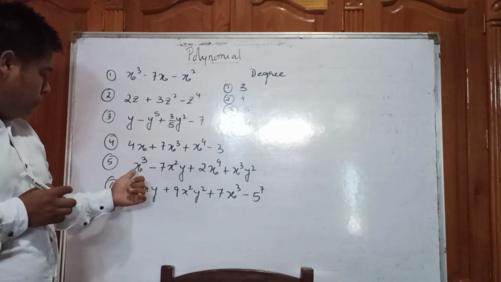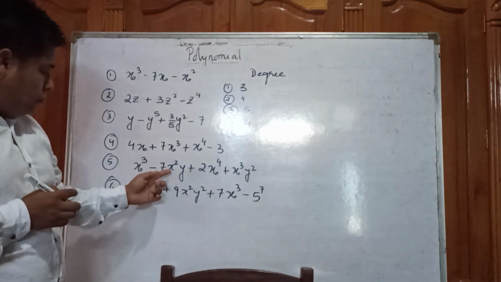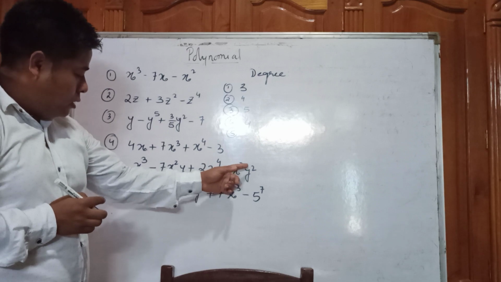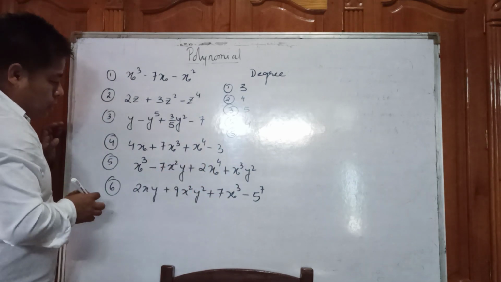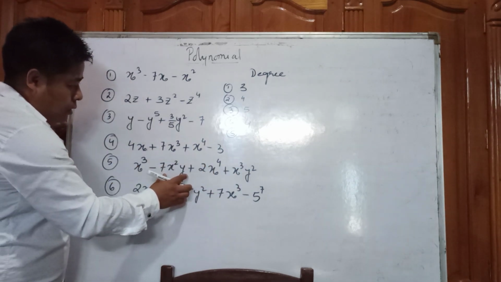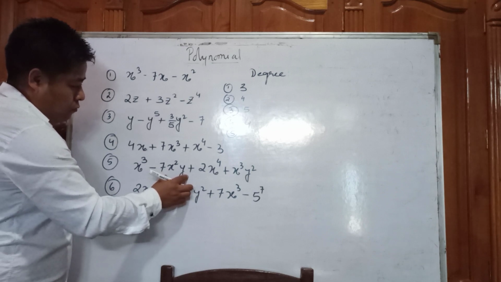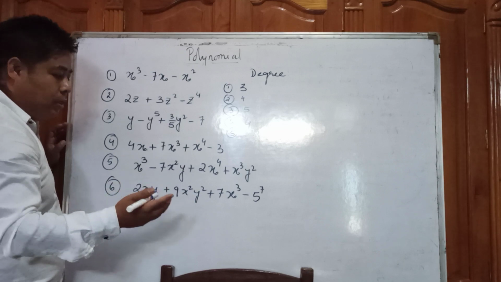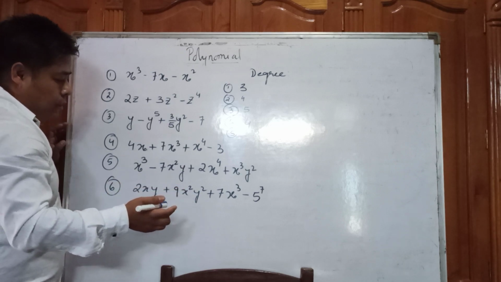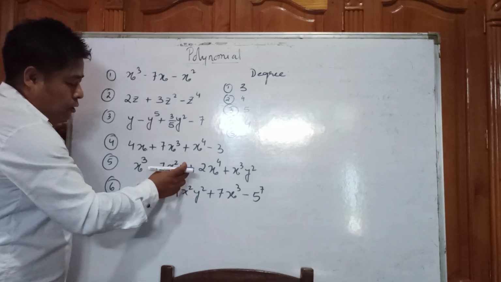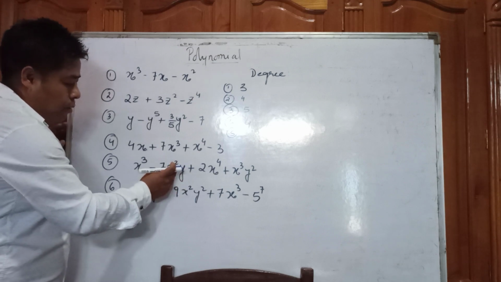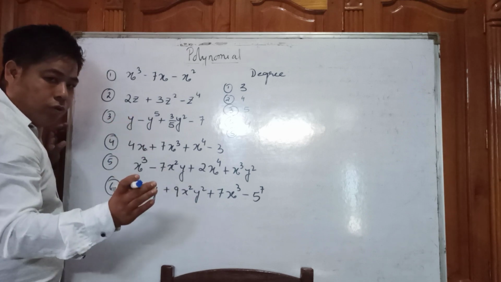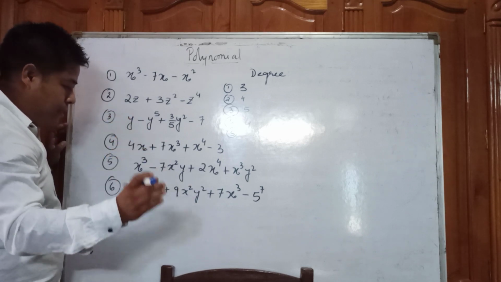Here the power of the variable is 3, and for the terms 2x2 y1, x4, x3 y2, you can see that in a term we have more than one variable. So when we want to check its degree, how do we check? When we find its power, we add the powers of the variables in a term.